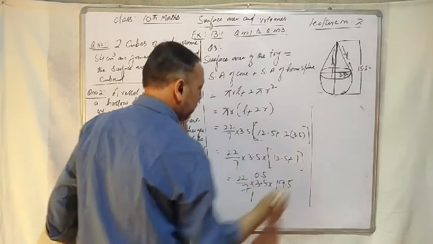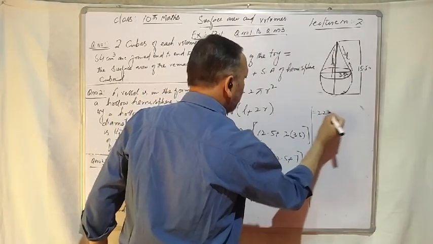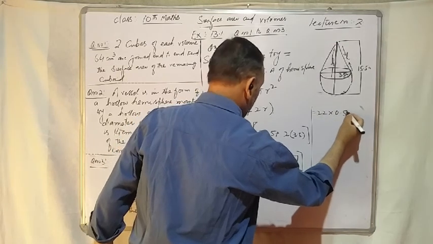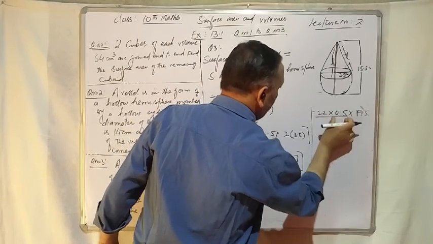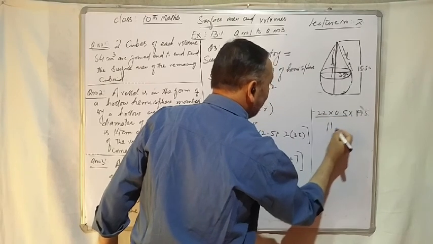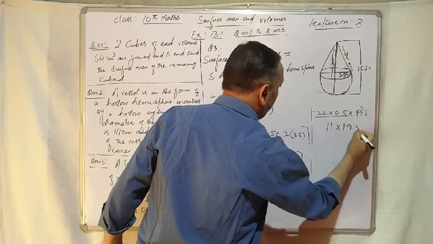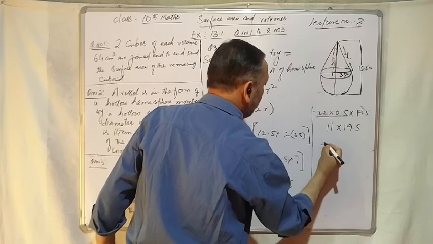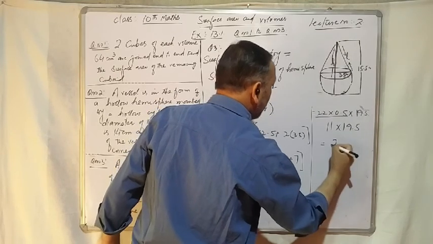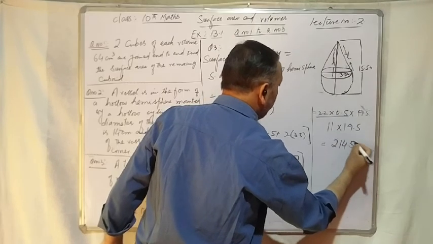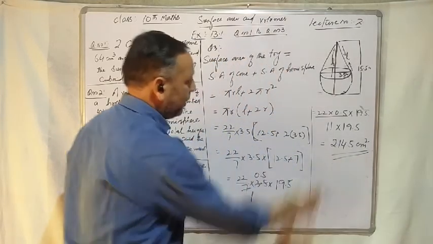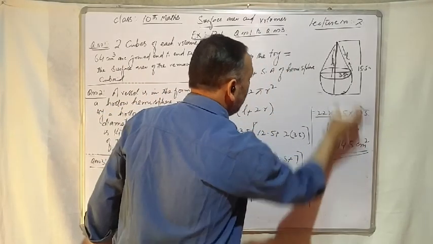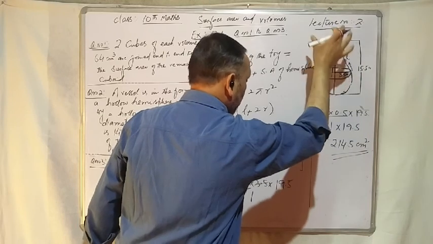So it is equal to 22 into 0.5 into 19.5. First 22 into 0.5 means 11, into 19.5. 11 multiplied by 19.5 is 214.5 square centimeters. This is the surface area of this toy.